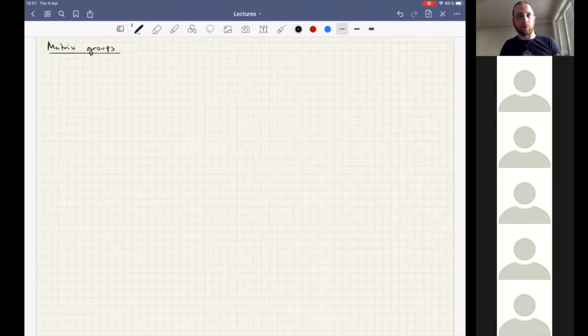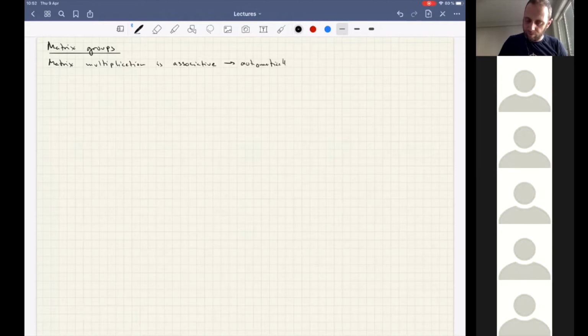And if you remember, that was one of the requirements for a group operation. So matrix multiplication is associative, so it will automatically fulfill number 4 of the group axioms.